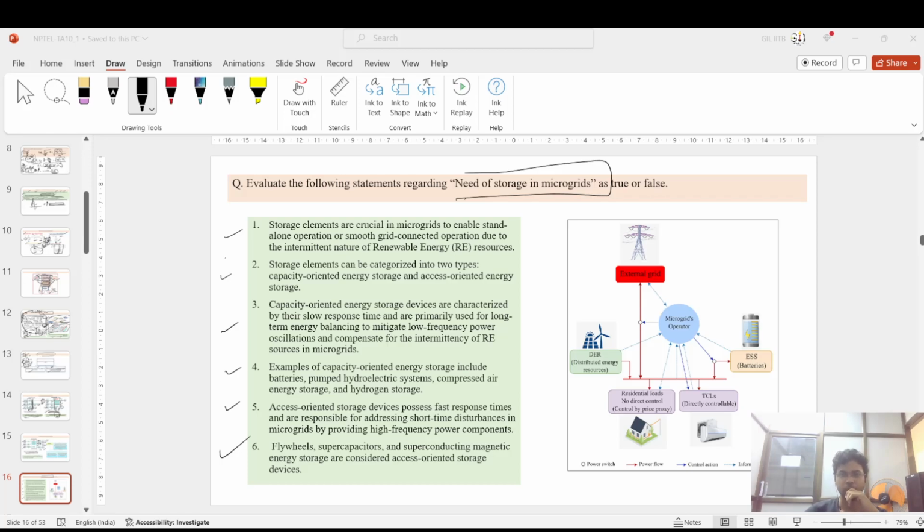Last 1 minute for this question. Anybody who is trying the question, I can give you some minutes for reading the question as well.